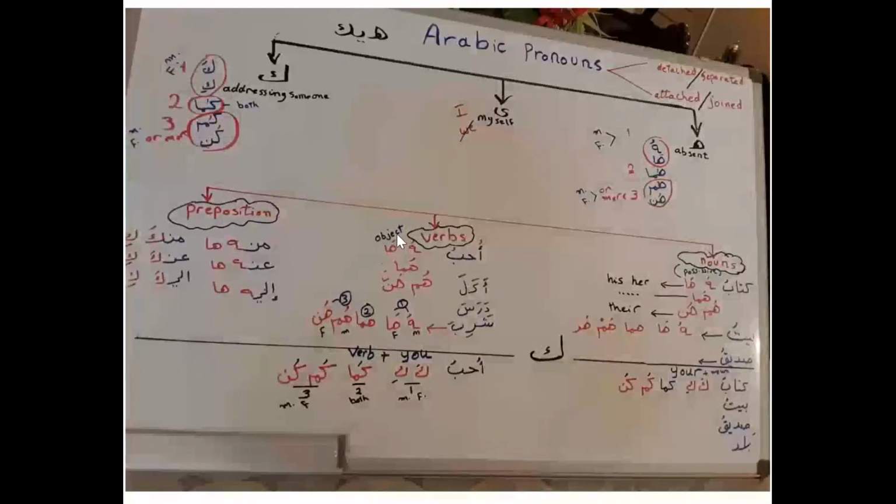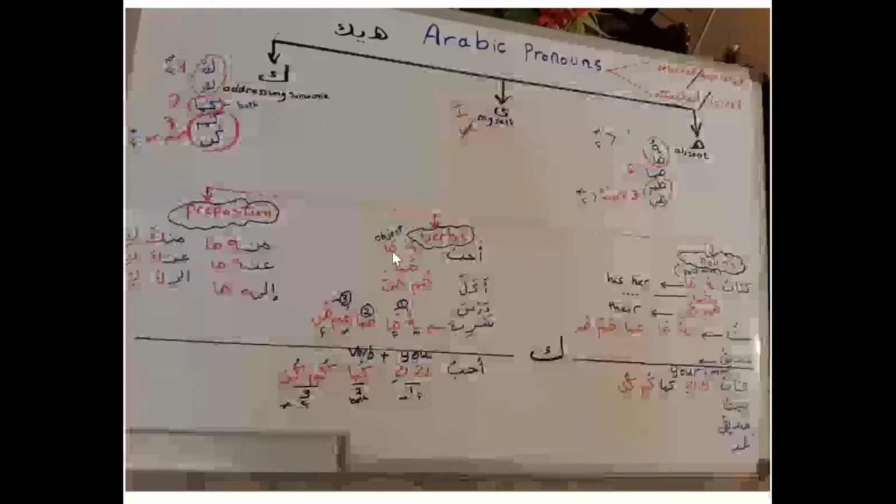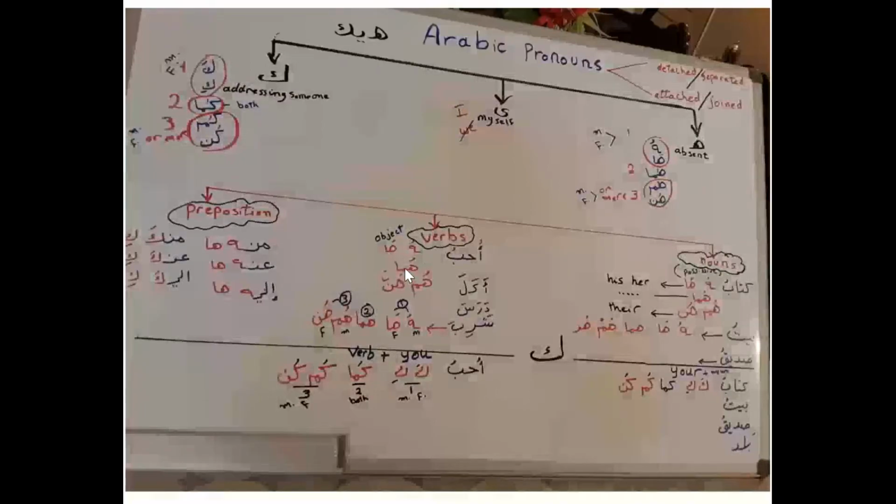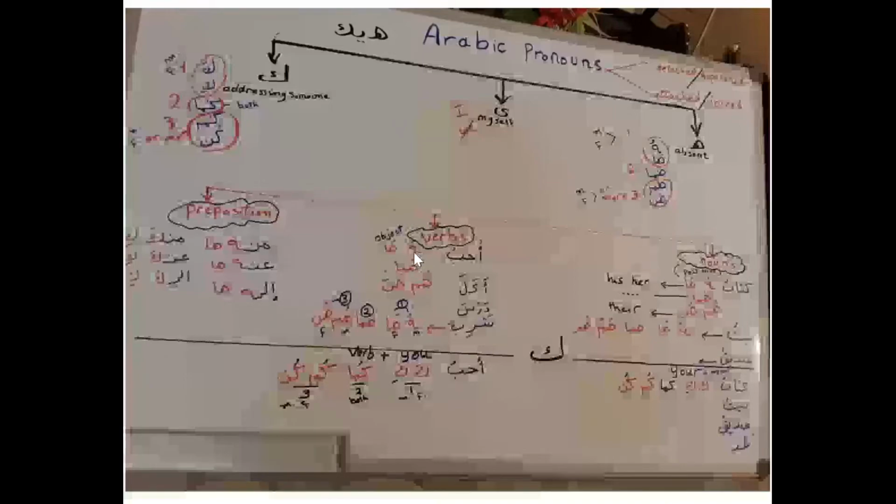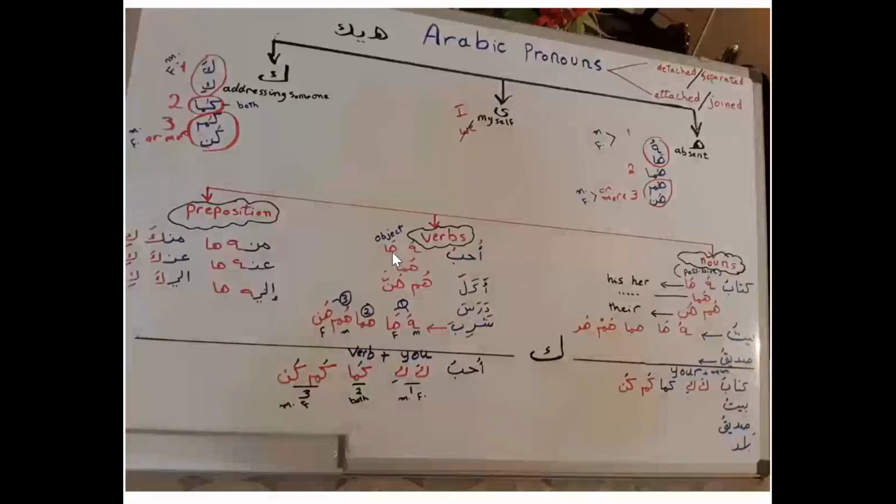Object: I love him, I love her, I love them. So we will start saying this in Arabic. أحب means love. أحبه for male, أحبها female, أحبهما, أحبهم, أحبهن.